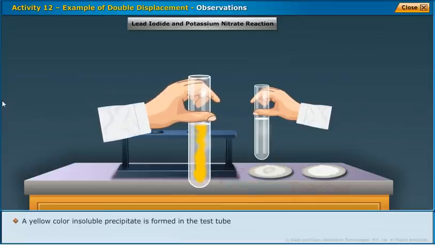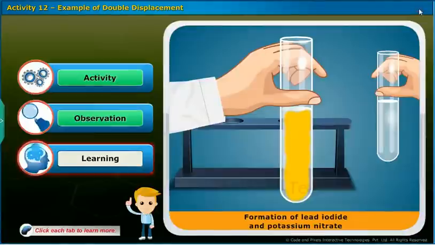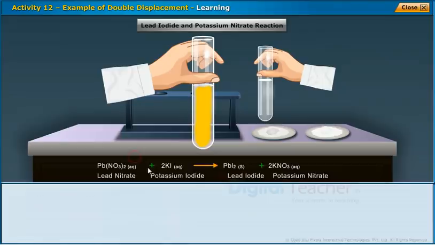A yellow color insoluble precipitate is formed in the test tube. The precipitate formed here is lead iodide.